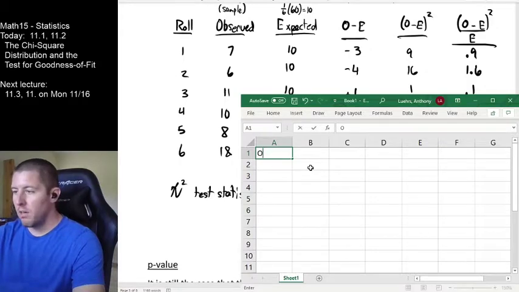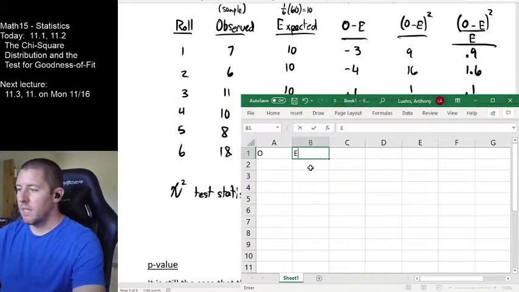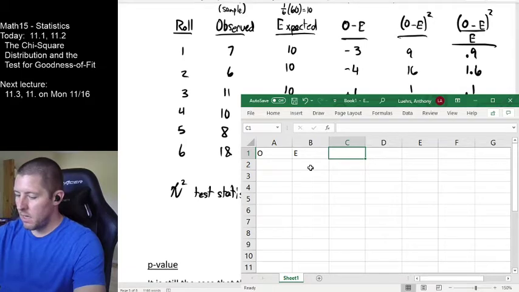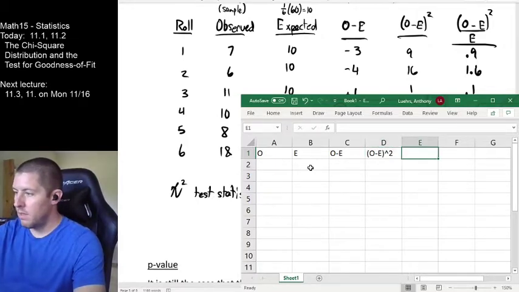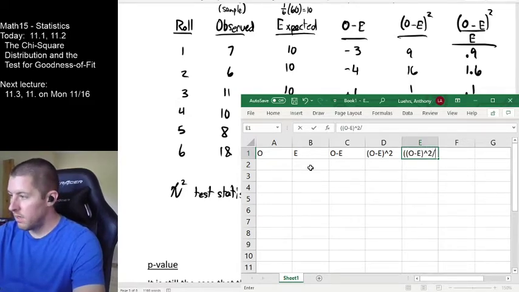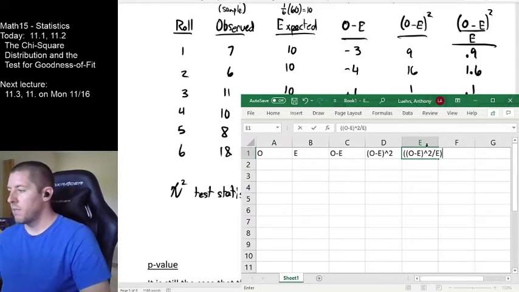Let's get our observed, and I'm just going to call it O. Let's get our expected. Let's get O minus E. Let's get O minus E squared. And let's get O minus E squared divided by E as all of our columns that we're interested in here.